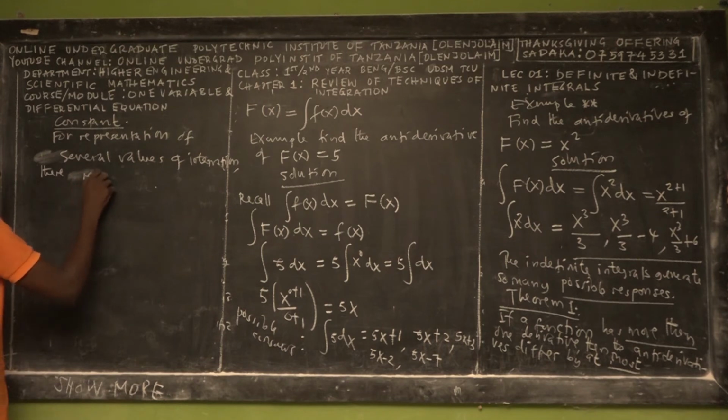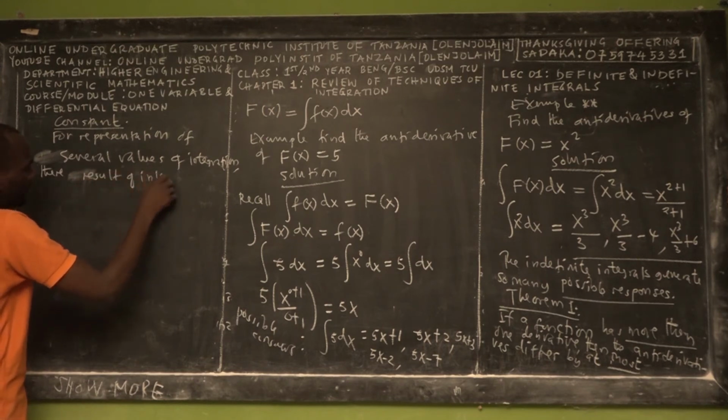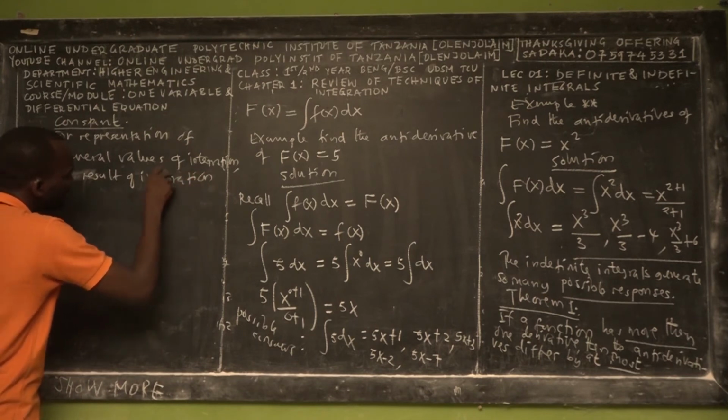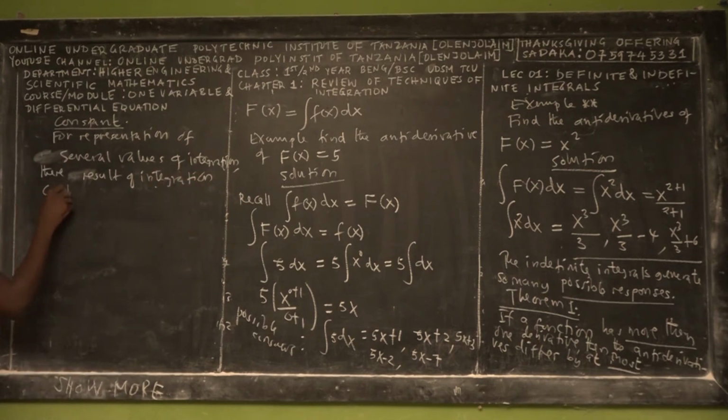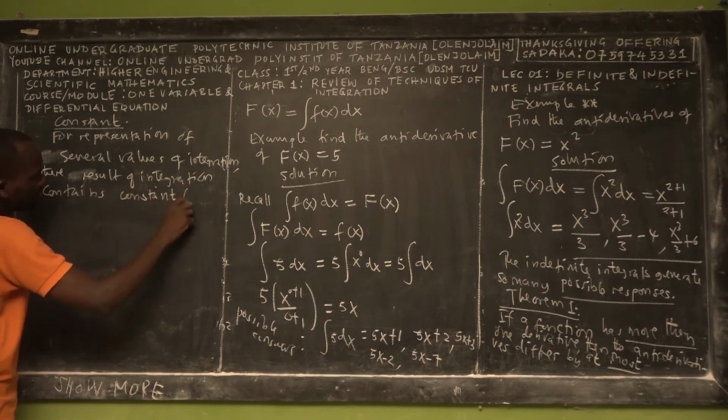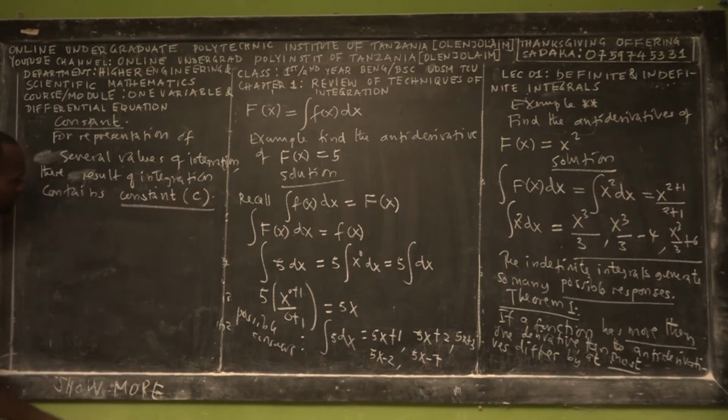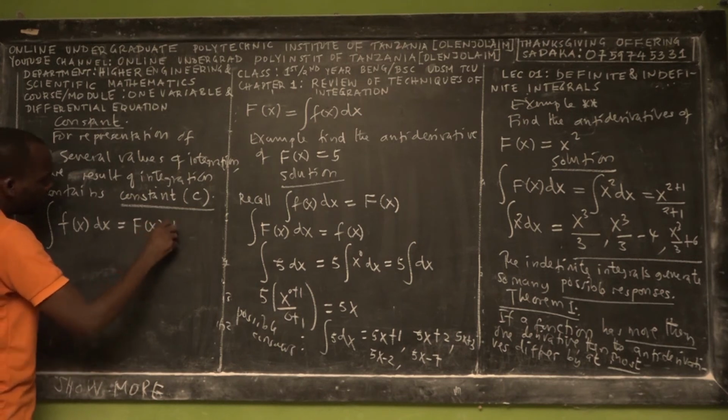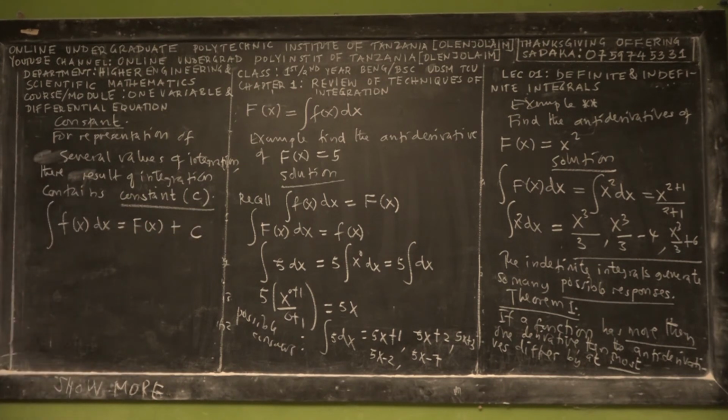So the result of integration contains a symbol of constant. This is C. What does it mean? If you integrate the function f of x dx, then you get maybe a certain function F of x, but always, because we don't have limits, we add C. C represents any number.